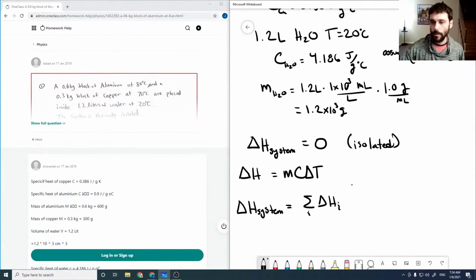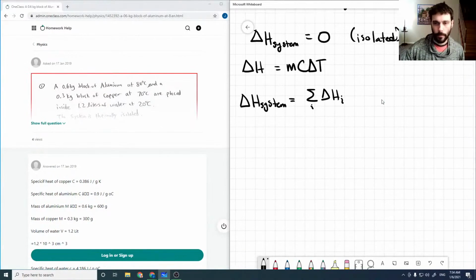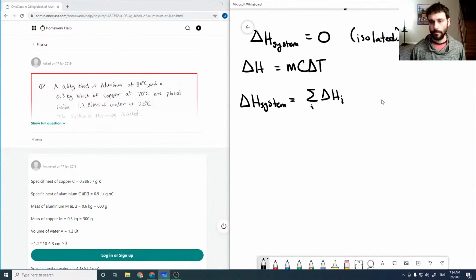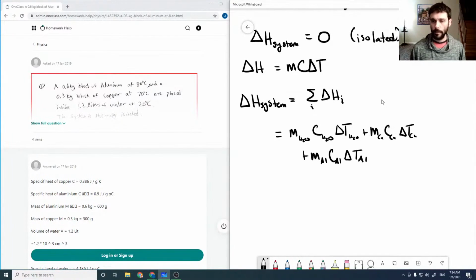Okay, so then we have our water, which is M water, heat capacity for water, delta T water, plus our copper, plus our aluminum. Now we can plug in some values.